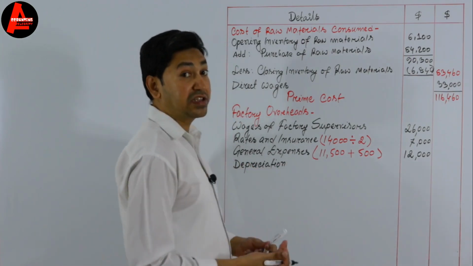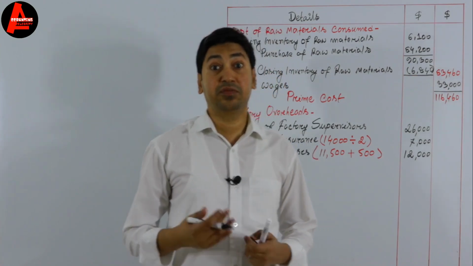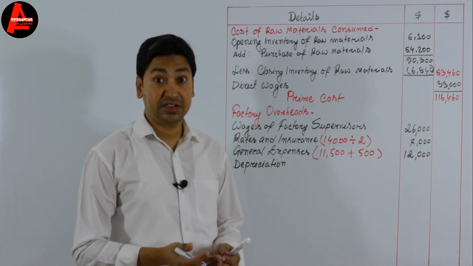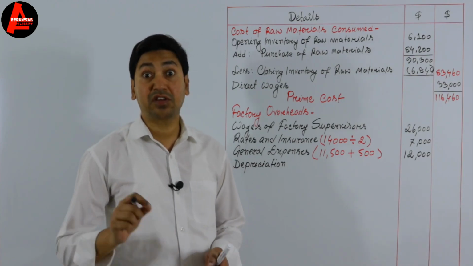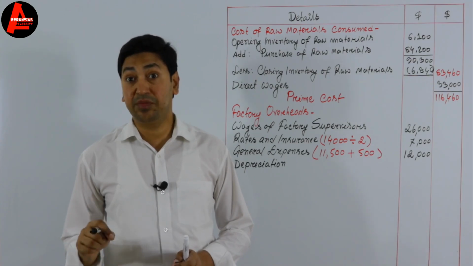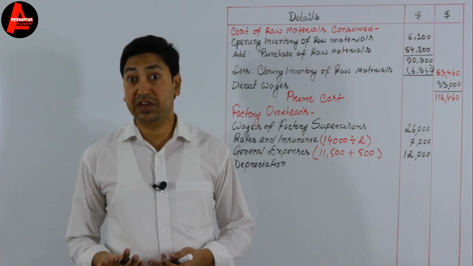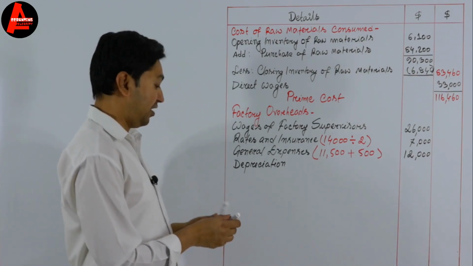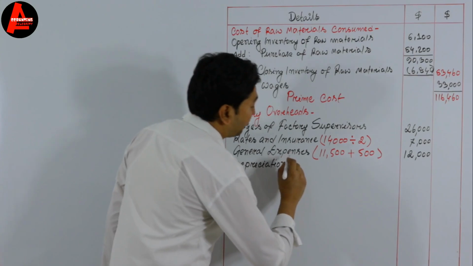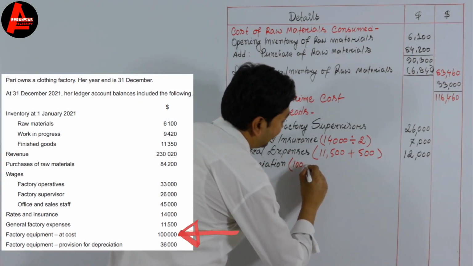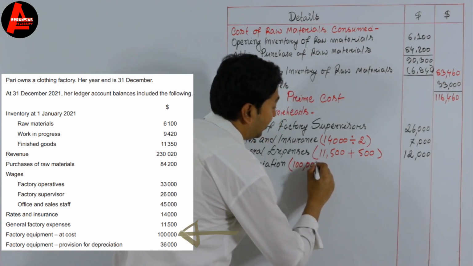How does the reducing balance method work? First of all, we need to subtract the previous year balances of depreciation from the cost of the asset. What asset? Factory equipment. How much factory equipment here? We have here 100,000. So the cost of factory equipment is $100,000. Now what to do?